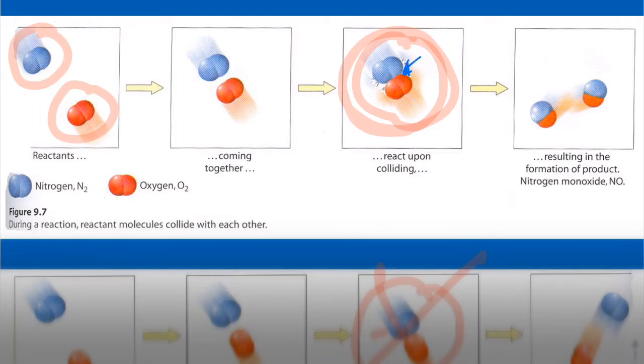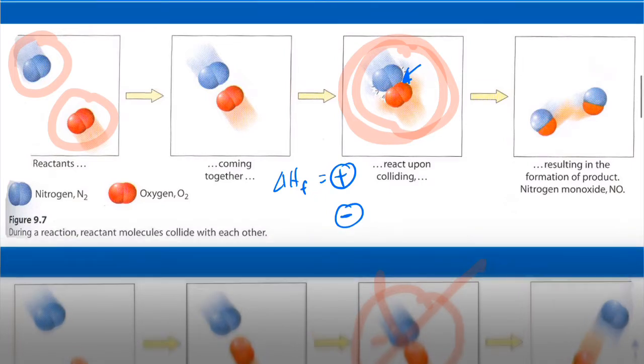If we look at this and say, hey, this had a delta H of formation that was really positive, it's probably unstable. I gave you the example of blasting caps, mercury fulminate. If you just hit it with a hammer, boom, the thing explodes. Versus water has a really negative number and it's super stable. You could hit it with a hammer all day long and it's not going to do anything. So when you have unstable chemicals, the amount of force that we need in this collision is going to be less than if you have something that's really stable, but there is a specific amount.